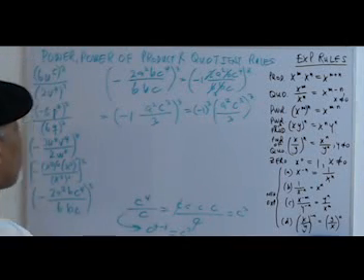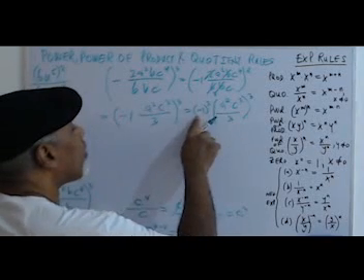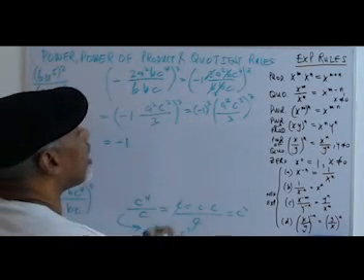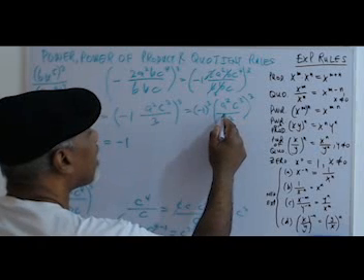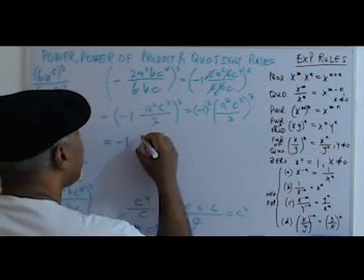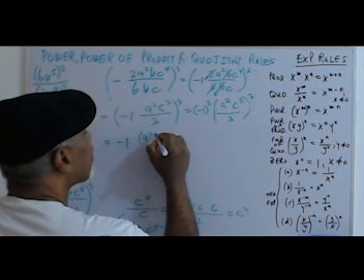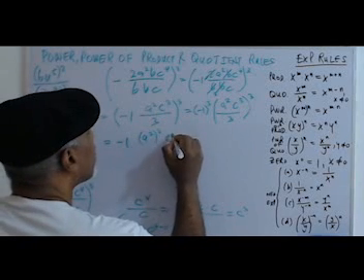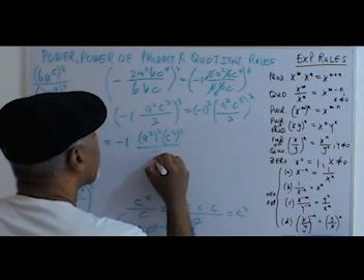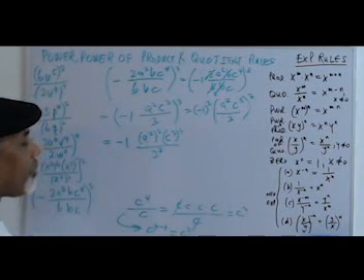Okay? So, a negative 1 raised to an odd power, that's negative 1. And then, let's use the power of a quotient rule, and we get a squared cubed c cubed over 3 cubed.